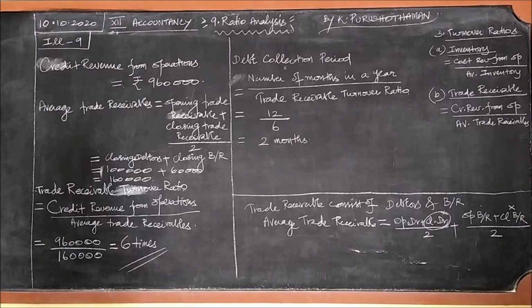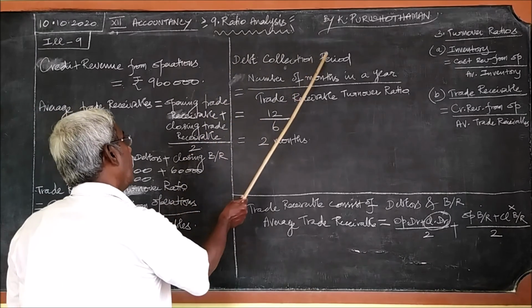Those to whom we have given credit, who have obtained our benefit, are the debtors. So we have given credit. Then what must we do? We should make the collection from those debtors. So we need some period for it. In how many months should it be collected? For that, the debt collection period is asked.